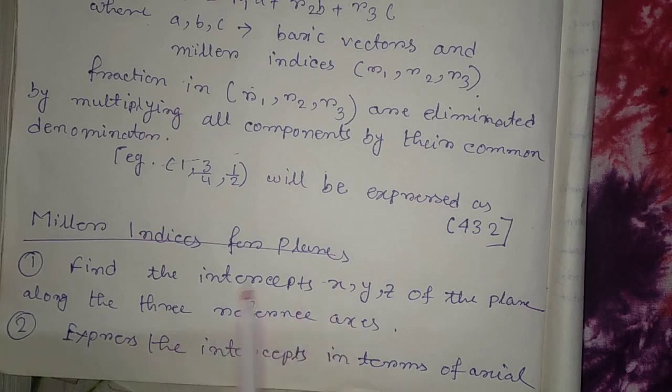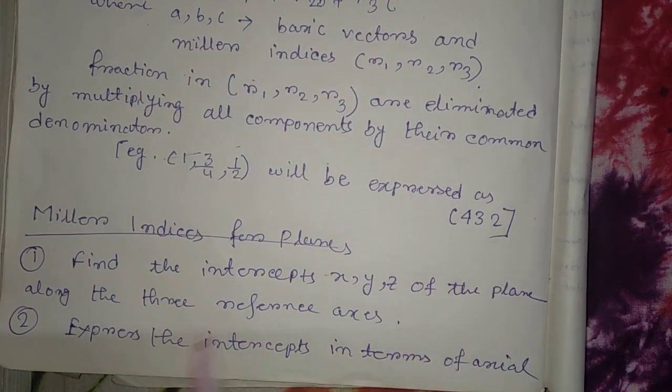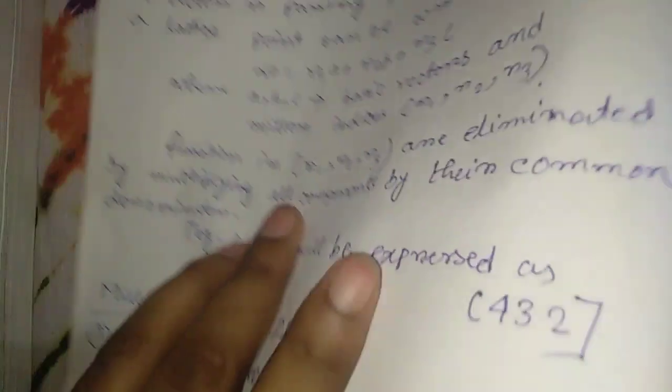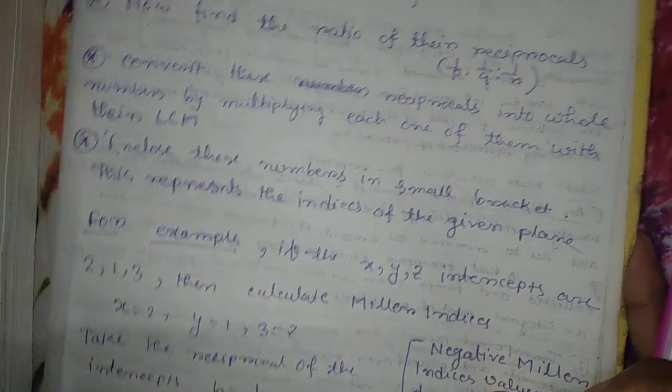Atomic arrangement occurs within a 3D structure, so for a particular arrangement you first identify the intercept points in the x, y, z directions of the plane.